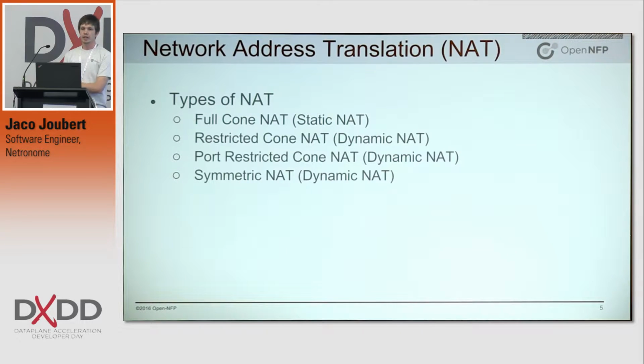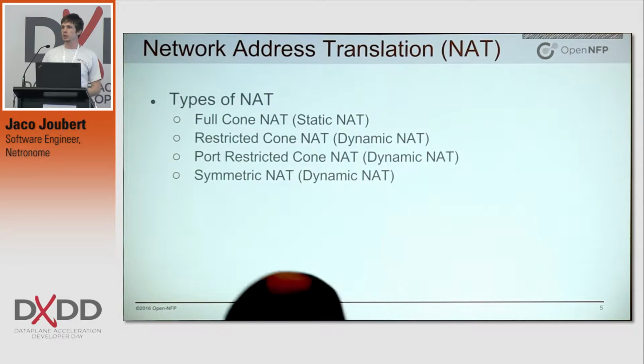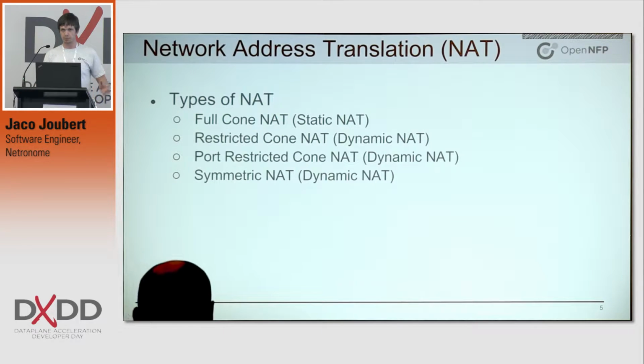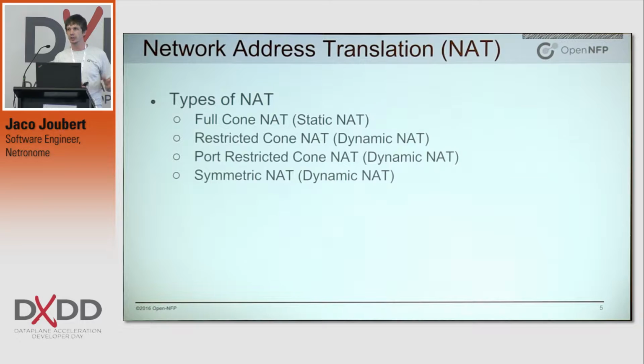Network address translation is the process of modifying IP headers in order to forward a packet. When you have an internal network with private IPs, you don't want to expose that IP to an external network on the internet.